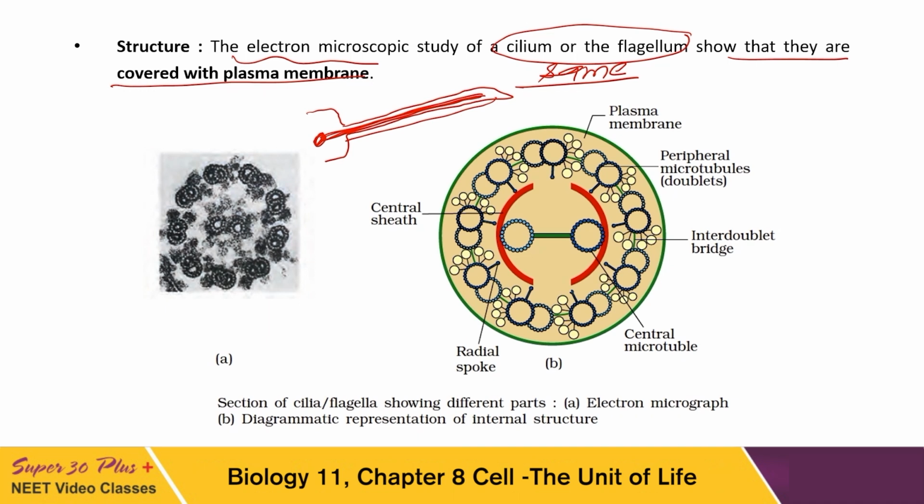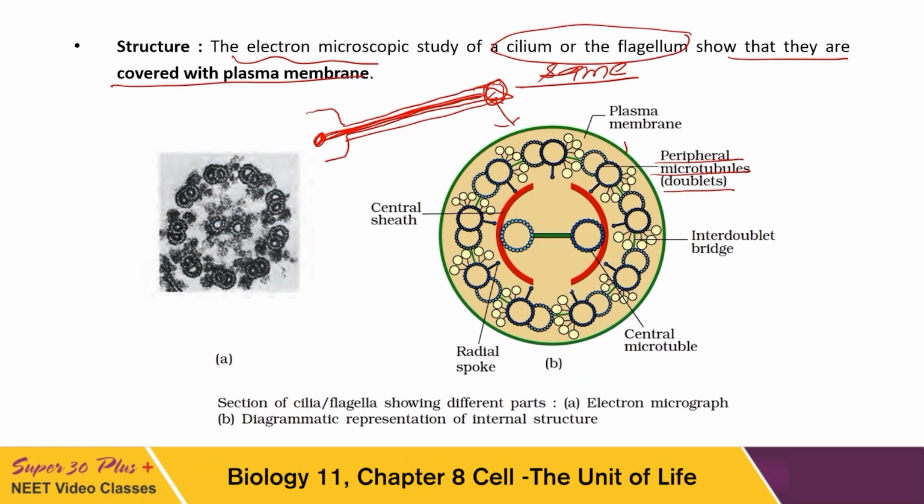If we cut a transverse section of this flagella, it will be like this. This is the plasma membrane outside, and you see how many tubules we have at the periphery. These are the peripheral microtubules, in doublets.